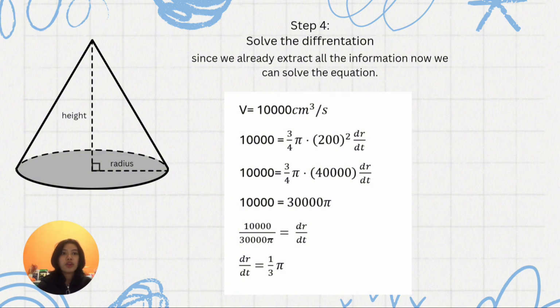Solving it as usual, eventually we get 30,000 pi over 10,000. Now, this is the most important part: you can switch their places and then divide. Once you divide it, you find the answer for this problem, which is 1/3 pi for the increased rate of radius of its base.